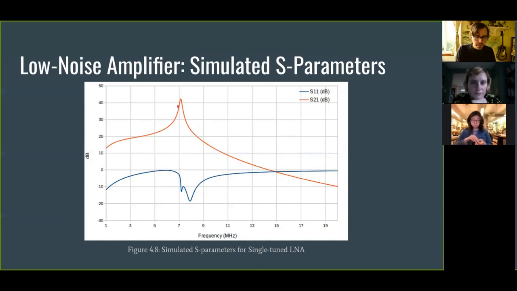Mainly it was this right here, where between 7 megahertz and 7.1, the amplifier was getting really good gain. It's about 40 dB, which is quite a lot. It's about 10,000 times the amplification.